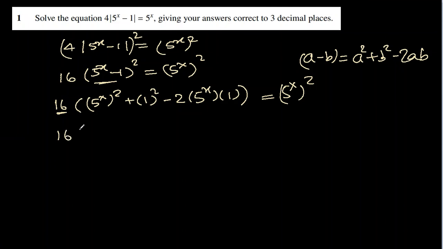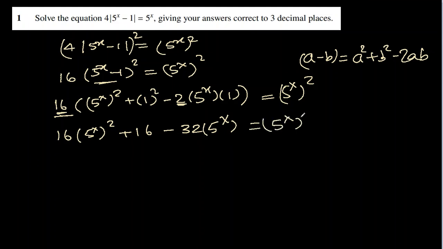So it becomes 16 (5 to the power x) square plus 16 minus 16 times 2 is 32, that's 32 times 5 to the power x. Let me write it this way, equal to (5 to the power x) square.